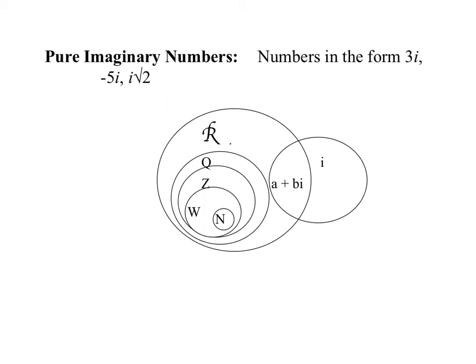To explain where imaginary values fall in the grand scheme of numerical values, here's a quick little Venn diagram. We have a very large group of numbers here that we call the reals, abbreviated with this fancy R. And then we have a bunch of number groups inside the reals. We've got our natural numbers, which is 1, 2, 3, 4, 5, all those values you learn when you're probably 4 years old or 5.